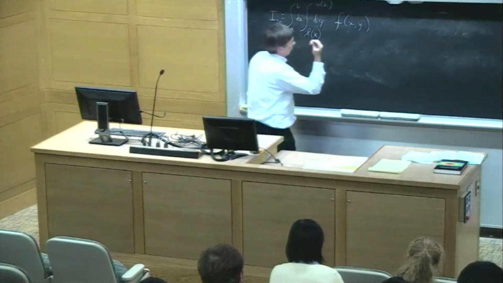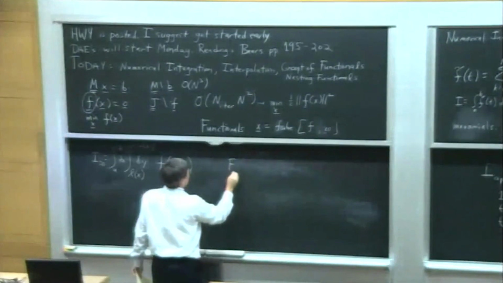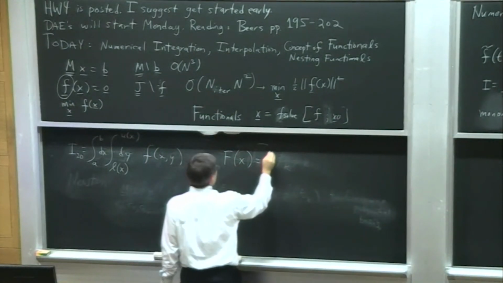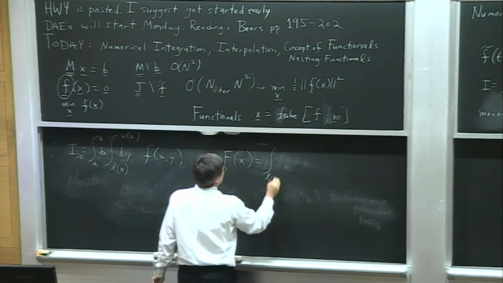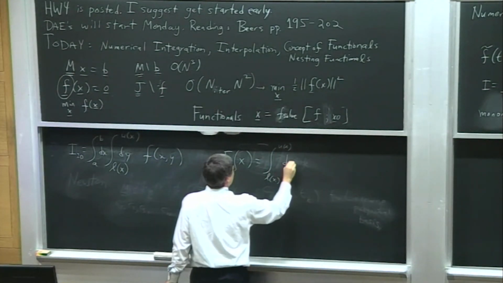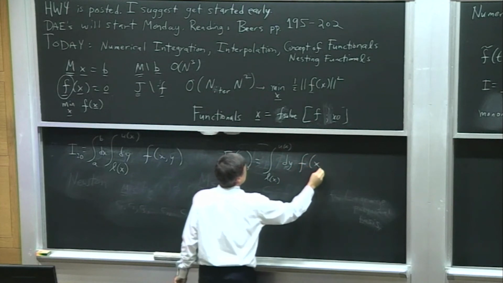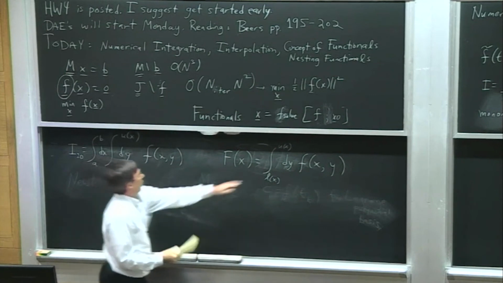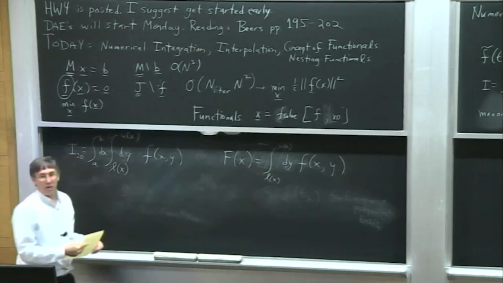How would we do this? The best way to think about it is that F of x is equal to the integral from L of x to u of x dy f of x y. And then if I knew what that was, I would evaluate that, say, with a Gaussian quadrature or something.